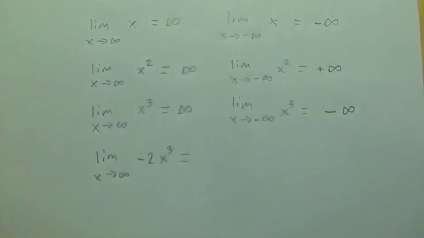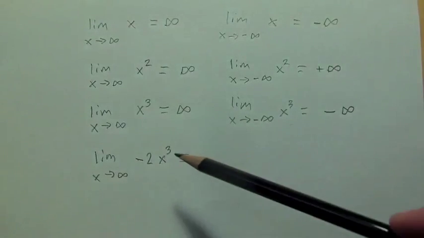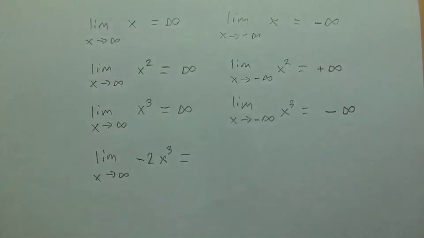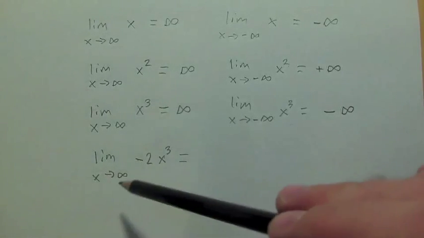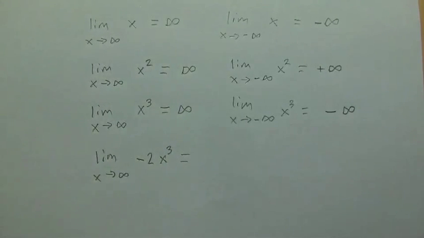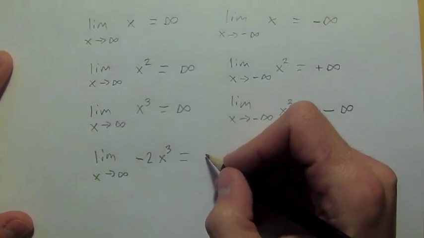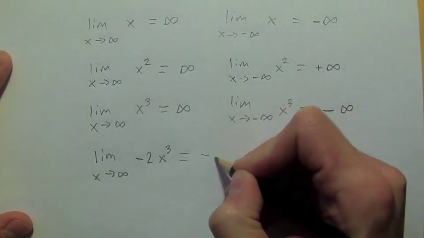Where will that go? The x cubed is going to positive infinity, but we're multiplying by a negative number, so that is going to take all those positive values and make them all negative. So this is going to be negative infinity.